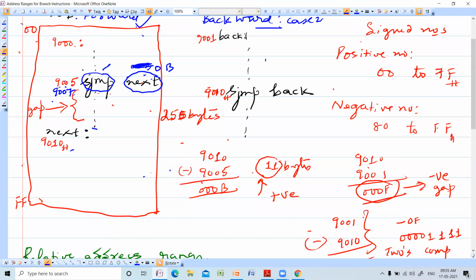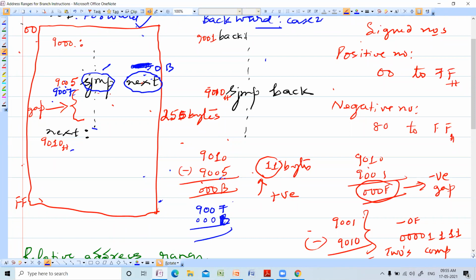To this 9007 you add this gap. The gap is 0B.